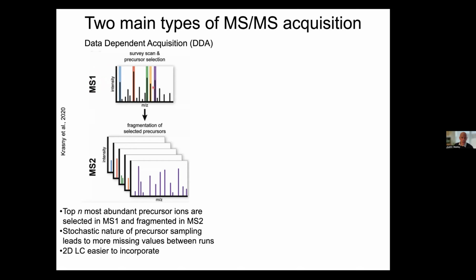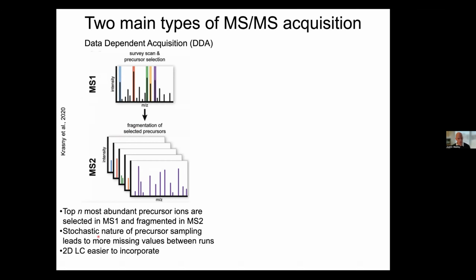The mass spec sees which ions or peptides are most intense, and then selects those ions, mass to charge one at a time, for fragmentation to get this MS2 or product ion spectrum. This product ion spectrum is what identifies the peptide. So again, depending on what's present at a given time, those ions get sampled for MS2 and identification and quantification.